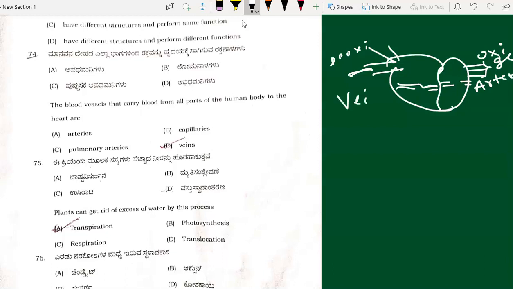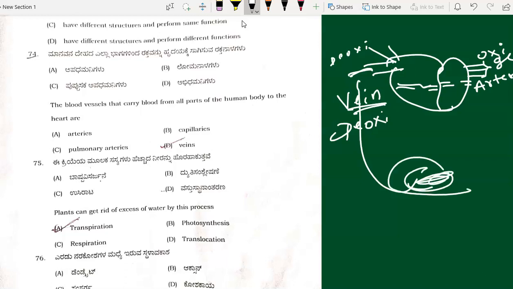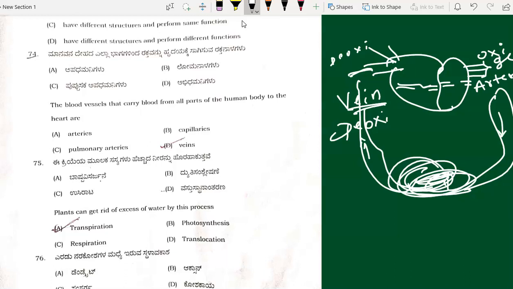Veins are the ones which carry deoxygenated blood from all parts of the body back to the heart. Capillaries will be present. Deoxygenated blood will be connected to veins and sent back to the heart. Pure blood will come by the arteries, and through the vein deoxygenated blood will enter here and be pumped to the lungs.